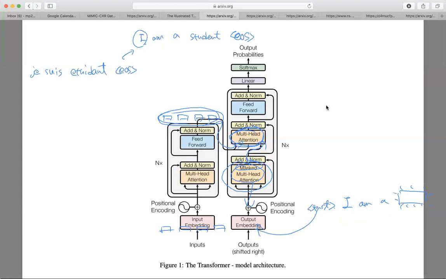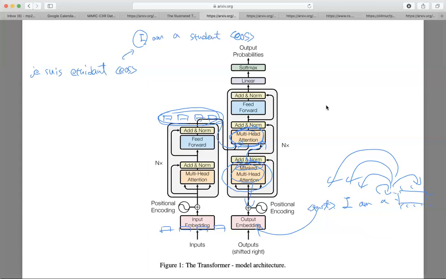The "a" here is allowed to look at itself, is allowed to attend to previous tokens, but should it be allowed to attend to "student", the future tokens? It is unreasonable to allow "a" to attend to future tokens, which is the thing that we need to actually predict.